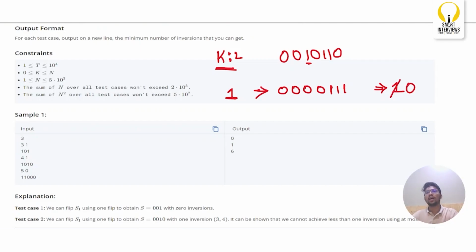So there are two ways. Either you convert the left side to zeros, or the right side to ones. Here there are two options: either convert the left side to zeros, or the right side to ones.